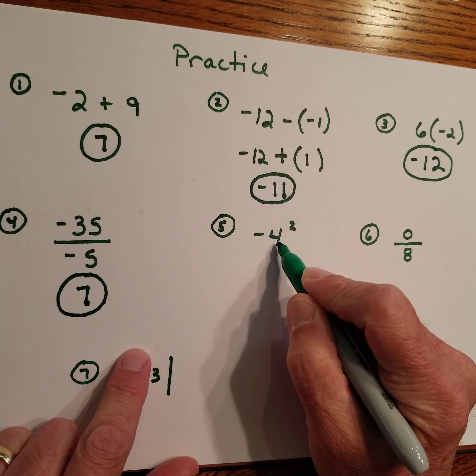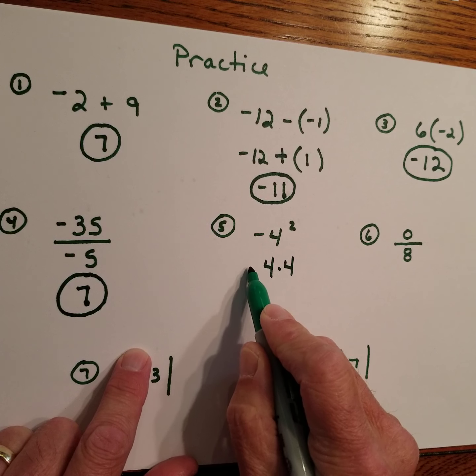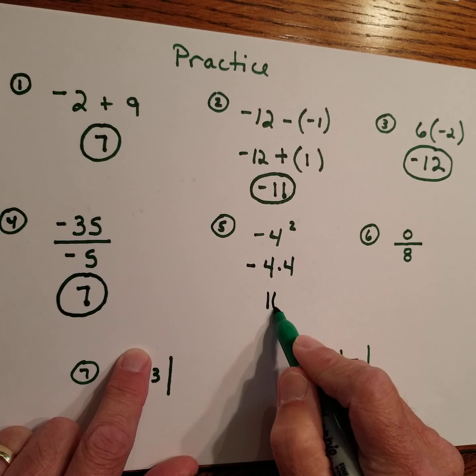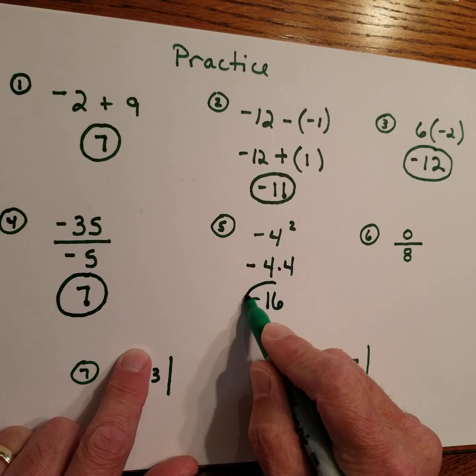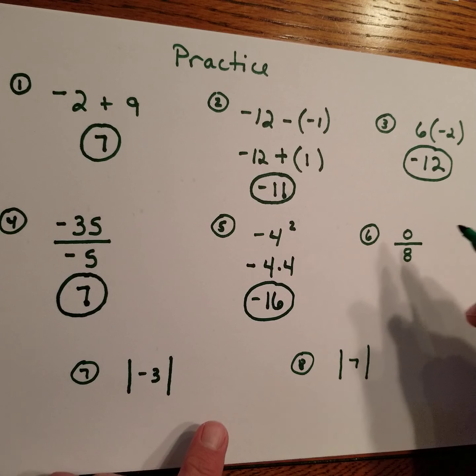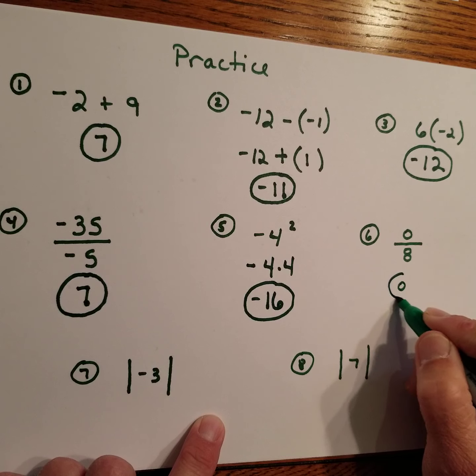So the square is on the 4 only. It's 4 times 4. And this negative gets counted once. 4 times 4 is 16, and one negative is negative. 0 divided by any number other than 0 is just 0.